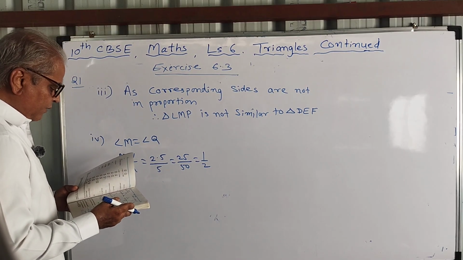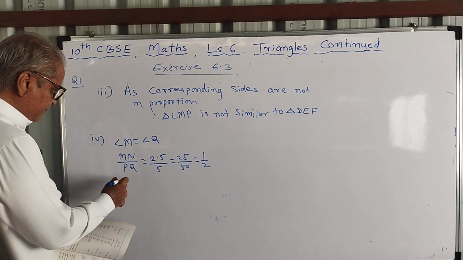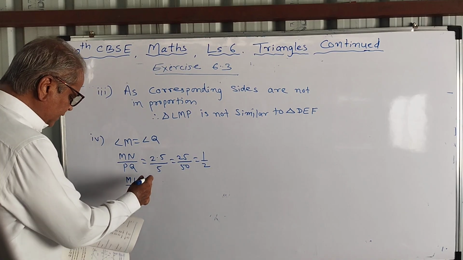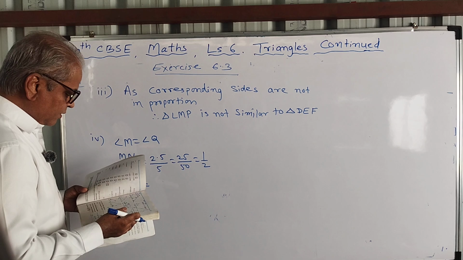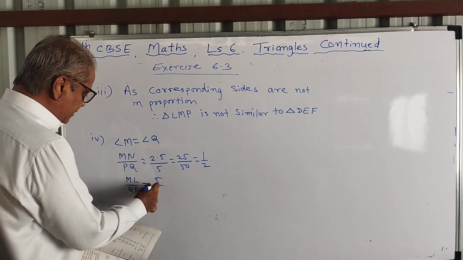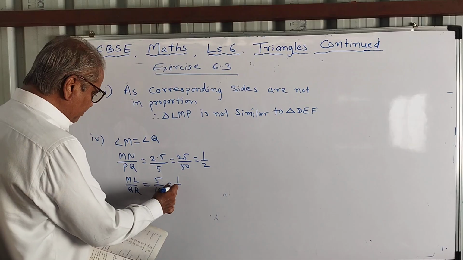And ML upon QR is equal to 5 upon 10. It is 1 upon 2.